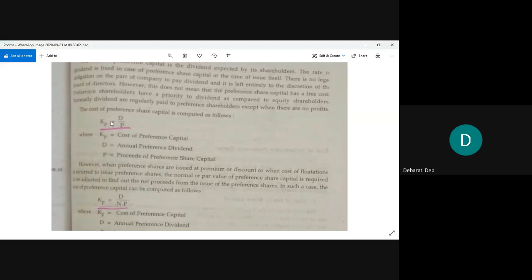What does this Kp indicate? Where Kp is equal to cost of preference capital. Then you write capital D equals annual preference dividend.